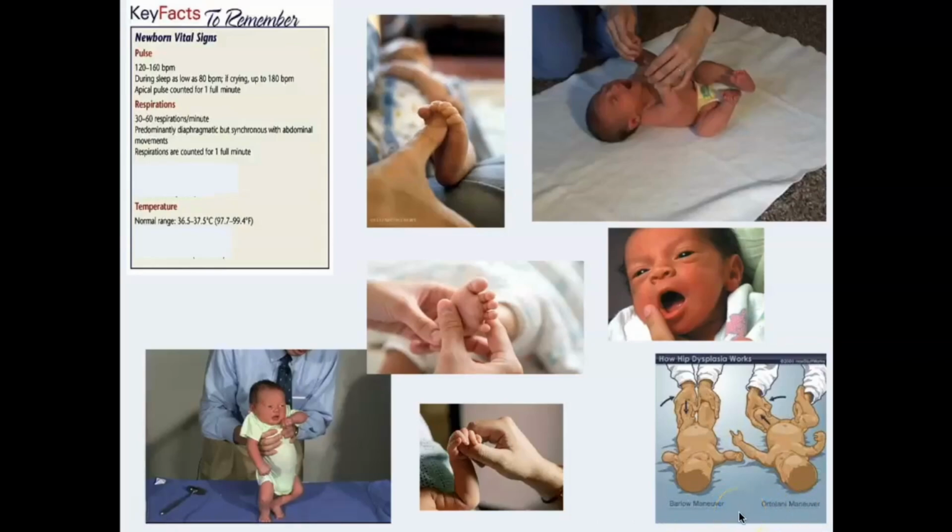In addition to all the other assessments, you also want to be looking at the baby's skin, checking their skin color, seeing if they have any Mongolian spots, if they're jaundiced, if they have milia, lanugo, vernix, stork bites.